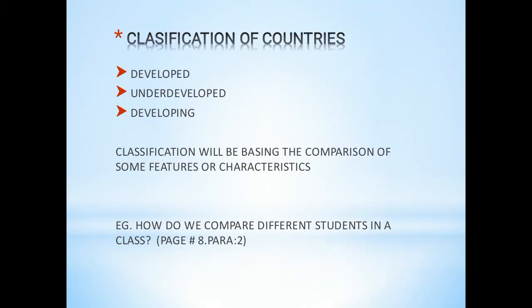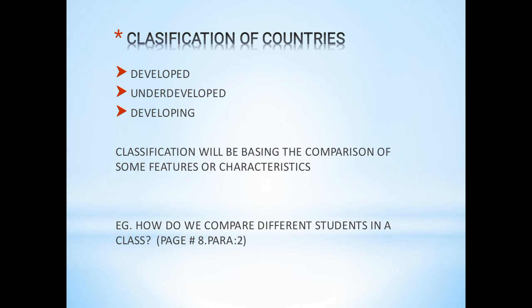You might have heard people saying that America is a developed country, Japan is a developed country, Somalia is an underdeveloped country, India is a developing country, right? So how is this classification of countries done?